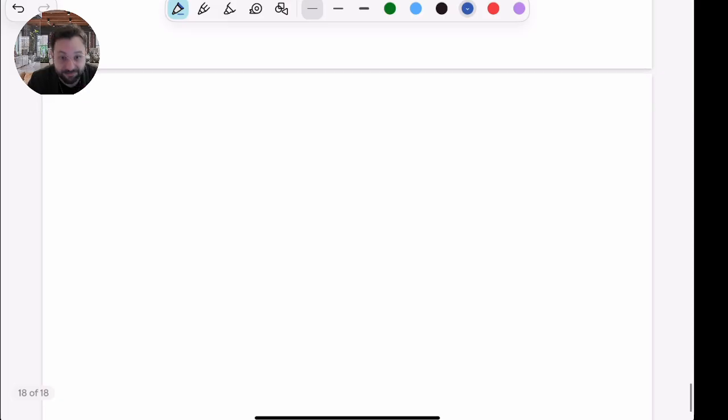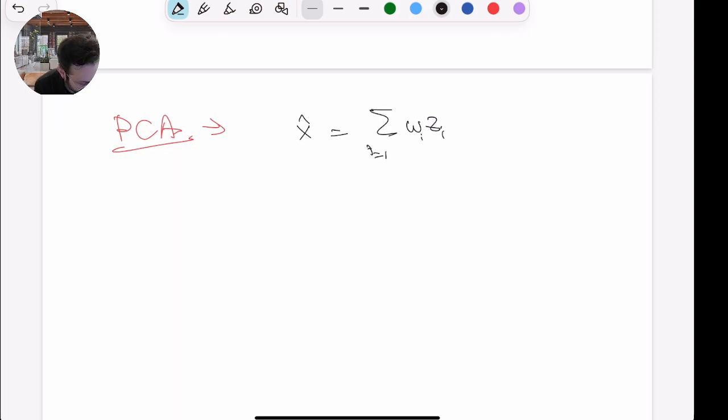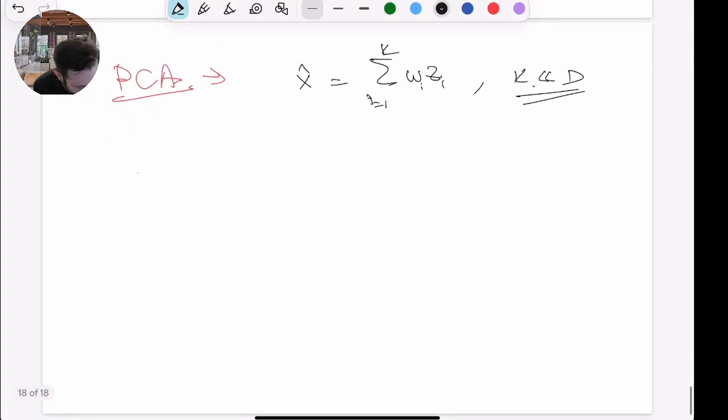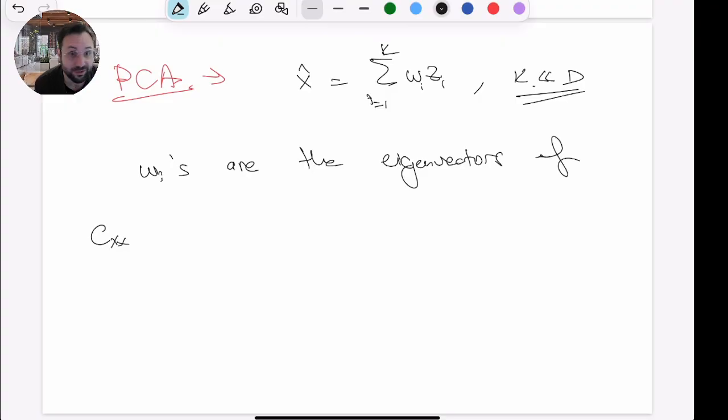So we found our principal component analysis. Principal component analysis is, I would like to reconstruct my x from my z's, and I will use several of these w_i's, with i equals 1 to k, and this time k is less than, hopefully, d, though it doesn't need to be. And these w_i's are the eigenvectors of CXX, the covariance matrix of your data set.